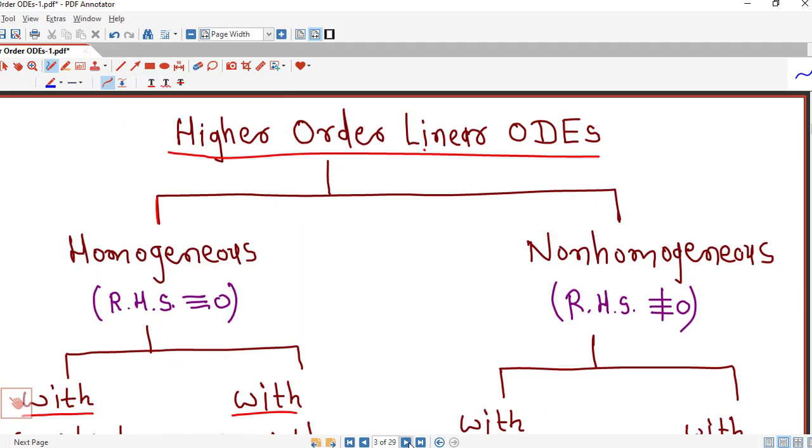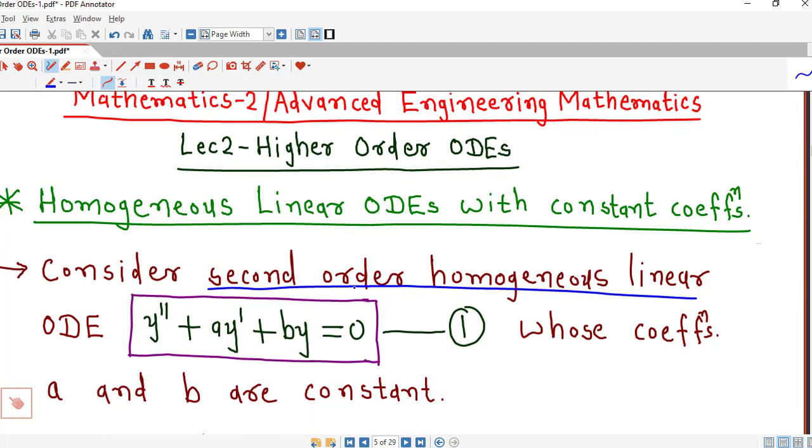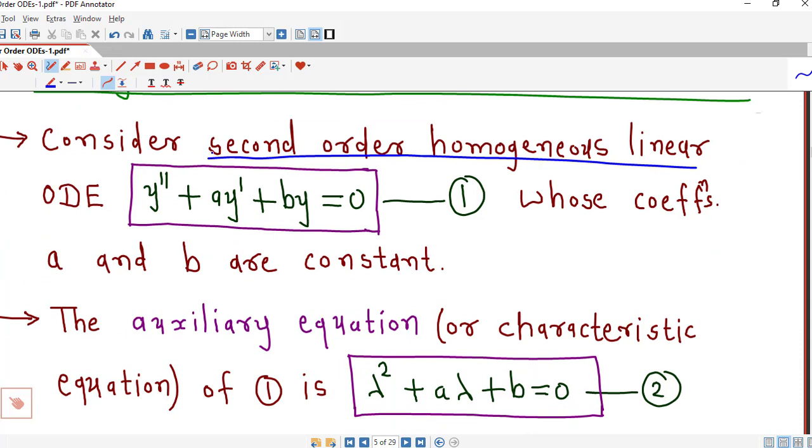Before that, here we have written all these things systematically. Consider the second order homogeneous linear ODE y'' + ay' + by = 0, whose coefficients a and b are constant.